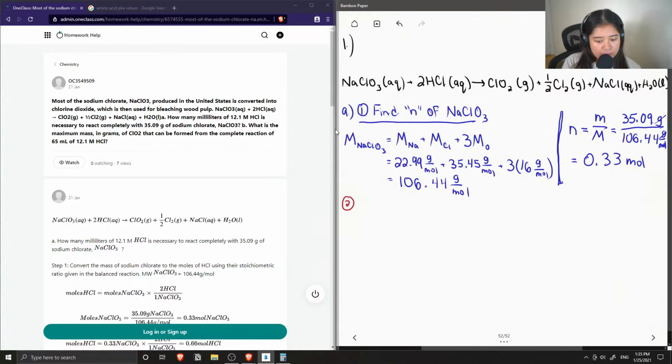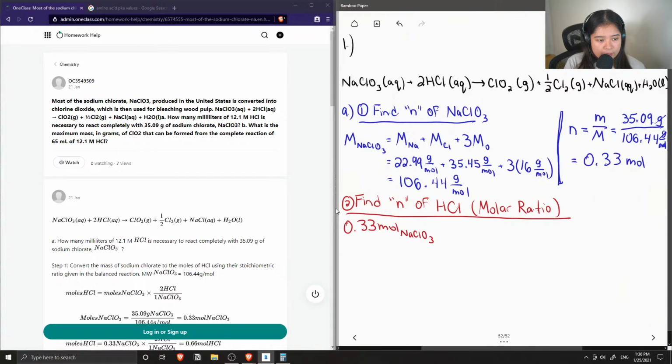Step 2 is to now find the number of moles of HCl by using molar ratios. We know that we have 0.33 moles of sodium chlorate, and now we need to multiply by the molar ratio to find the number of moles of HCl.